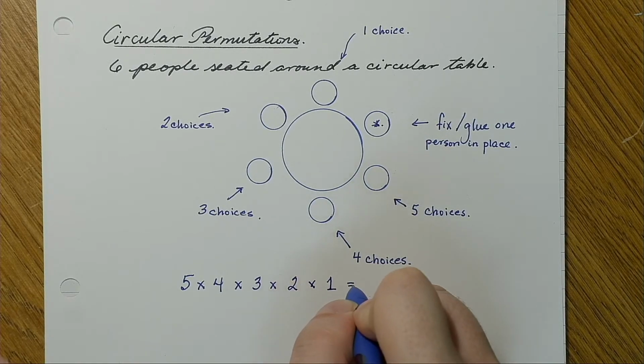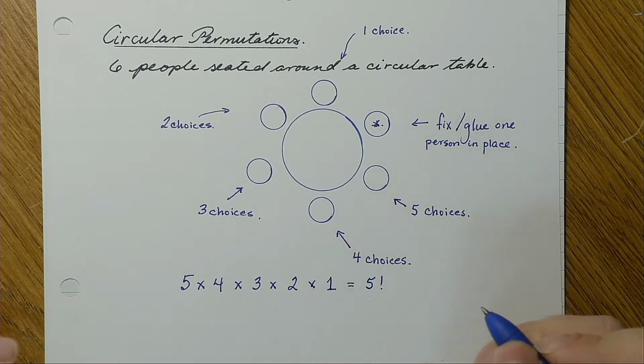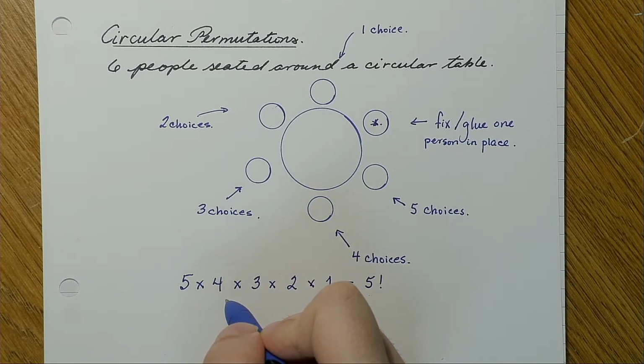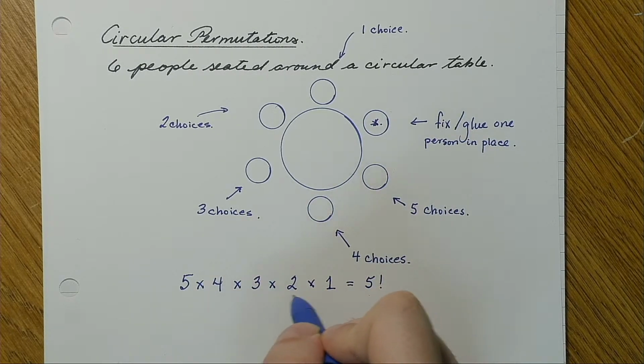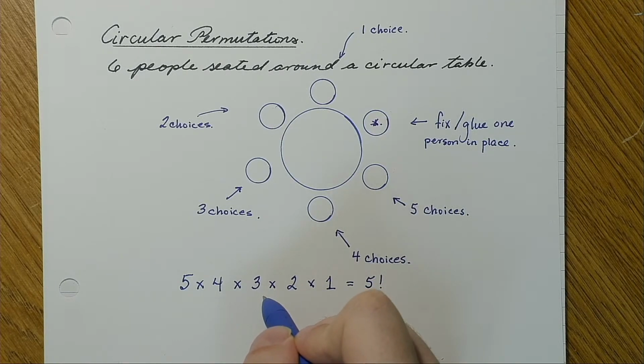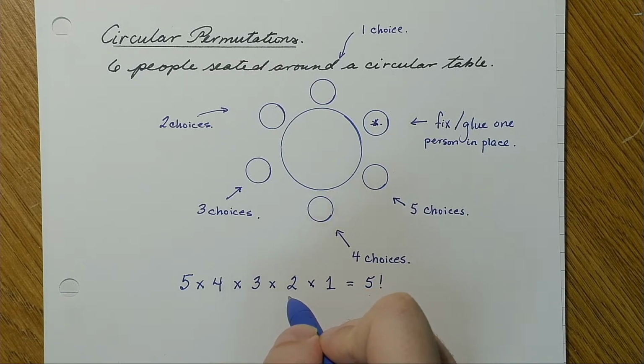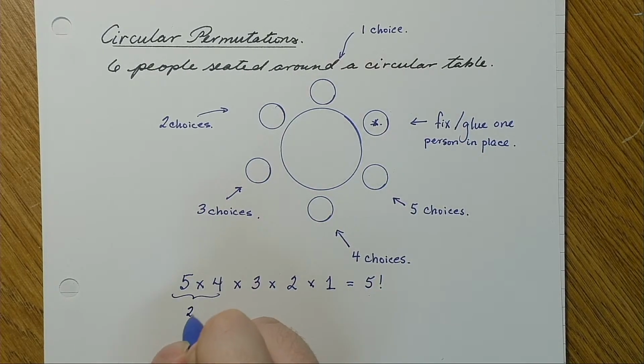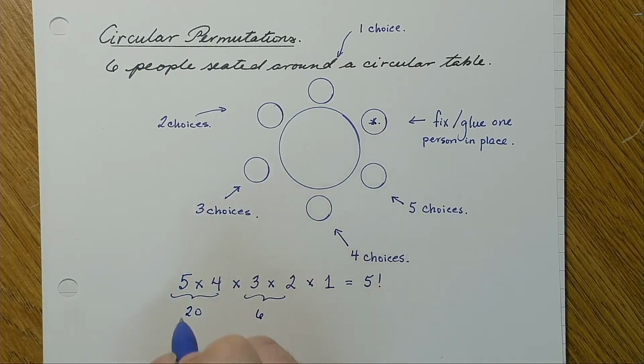So that is 5 factorial. So that's 5 times 4 is 20. So 20 times 3 times 2 is 6. So 20 times 6 is, sorry, here's 20. Here's 6. 2 times 6 is 12.